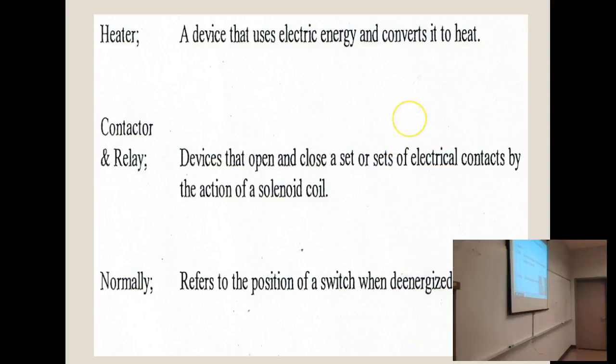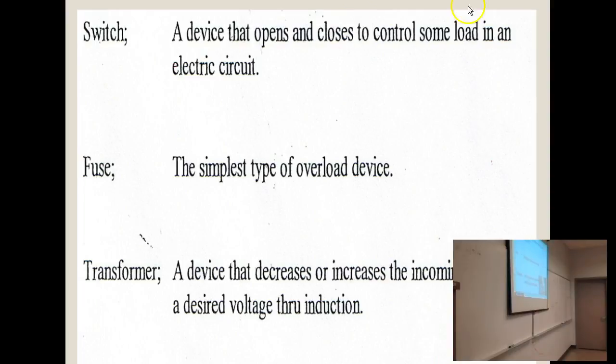Normal simply refers to the position of those automatic switches when they're de-energized. A switch: a device that opens and closes to control some load in an electrical circuit, right? Like that light switch over there. Fuse: the simplest type of overload device, we said. Safety device.